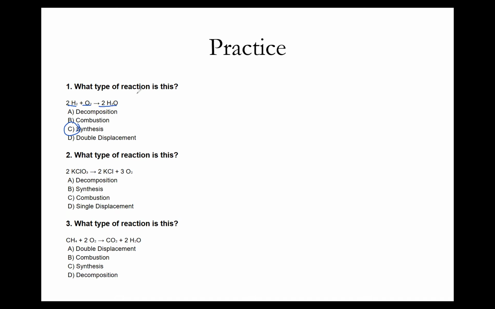For our next one, what type of reaction is this? We have one thing breaking down into two or more. This is actually the opposite of number one. That's like your egg hatching into the eggshell and the turtle. So that's your decomposition. It's breaking down into pieces. For three, we need to check and see what type of reaction this is.